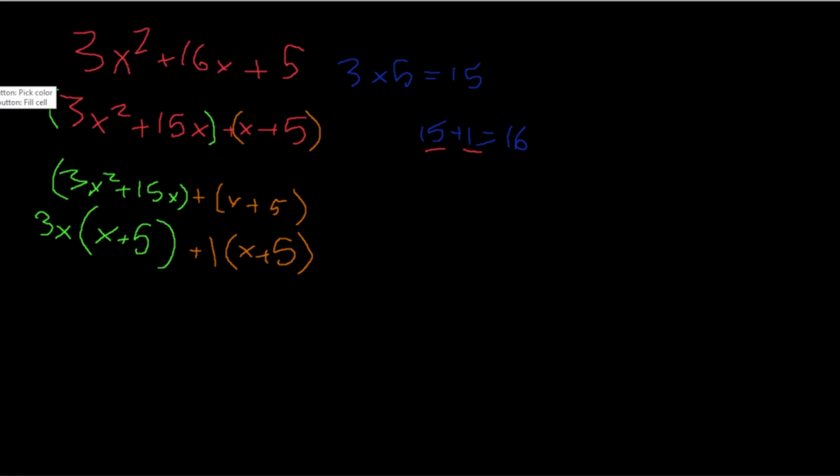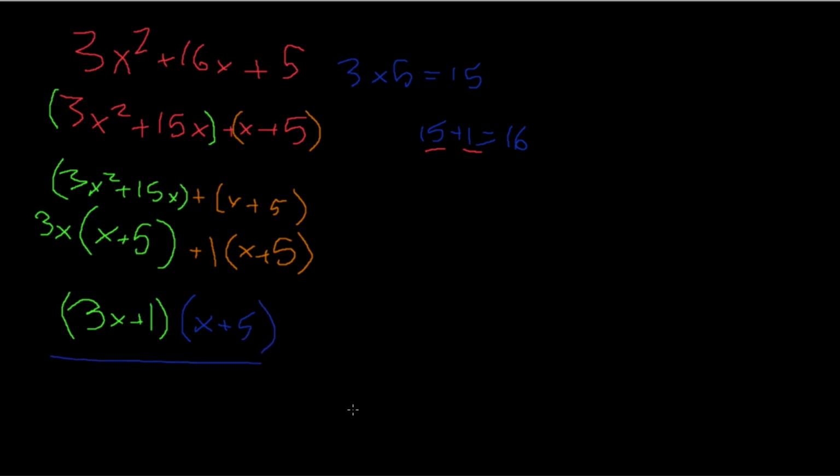So now we're left with these two and these two on the outside. So what you do is you take the stuff on the outside, 3x plus 1, and put it in parentheses, and then take the stuff on the insides and do x plus 5 and group it.